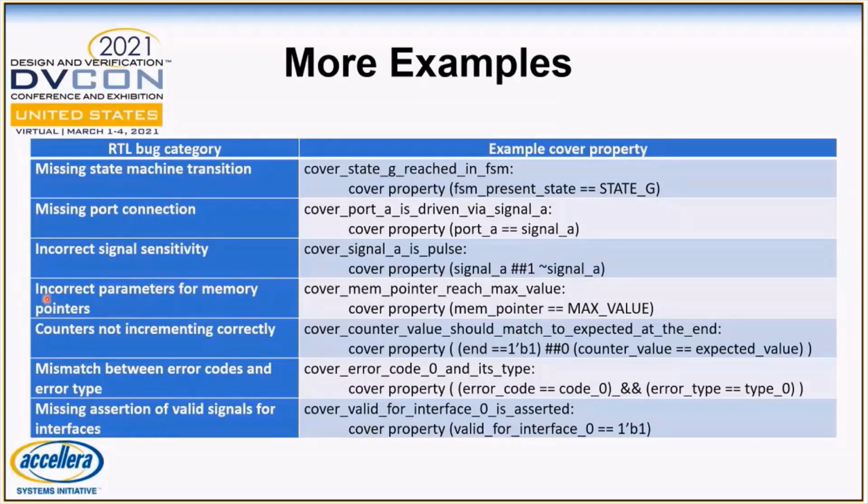Next is incorrect parameters for memory pointers, which resulted in out-of-index accesses during reading from or writing to the memory. The last one is missing assertion of valid signals, where assertion of valid signals was not correctly aligned with the payload for some of the key interfaces.